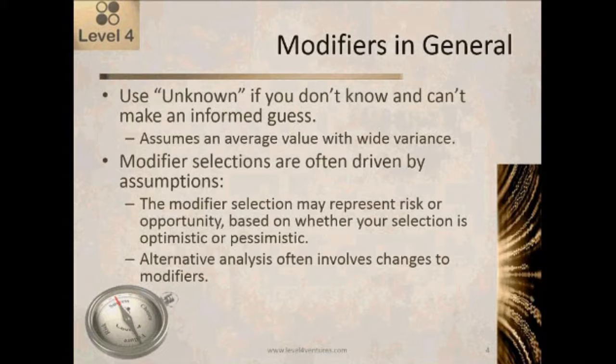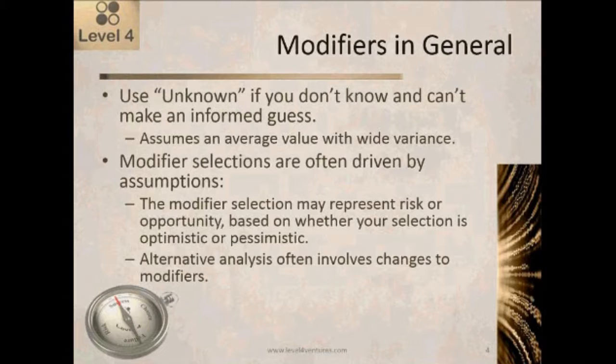Your modifier selections are often driven by the underlying set of assumptions that you're making as part of your estimate. So the modifier selection may represent either a risk or an opportunity based on whether your selection is optimistic or pessimistic.